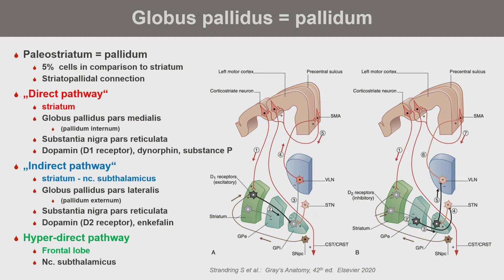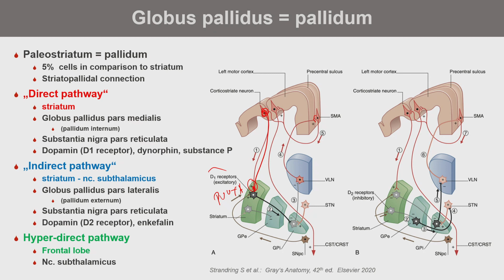So from cortex we have connection to the putamen, which is typically excitatory. From putamen we have two ways.